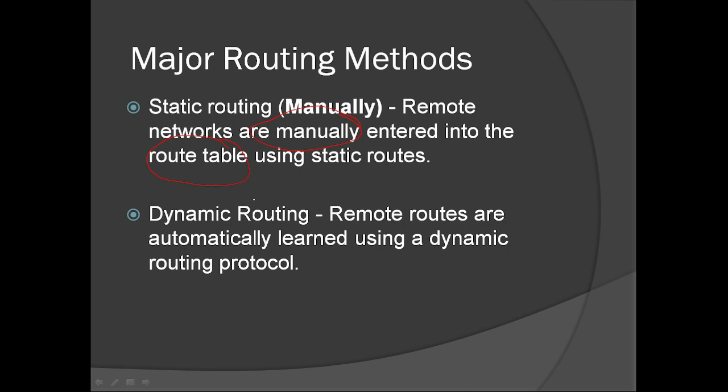Unlike with dynamic routing, remote routes are automatically learned using a dynamic routing protocol. Okay? With dynamic routing, the administrator configures the router using a dynamic routing protocol, which will be discussed in another lesson.